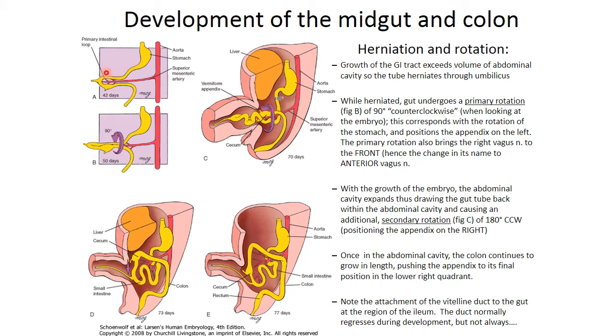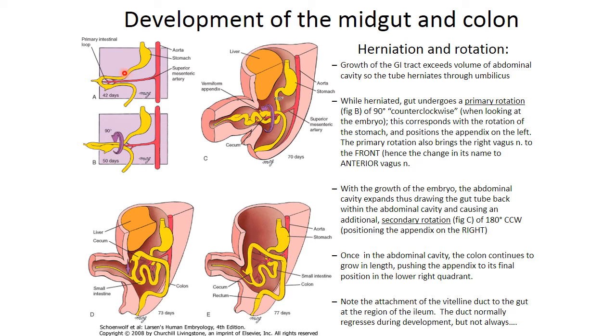So initially the midgut has two limbs, that is the cranial limb of the midgut, and this is the distal limb. So there is a physiological herniation. Before herniation and during physiological herniation, there is a primary rotation of the midgut, that is 90-degree counterclockwise.